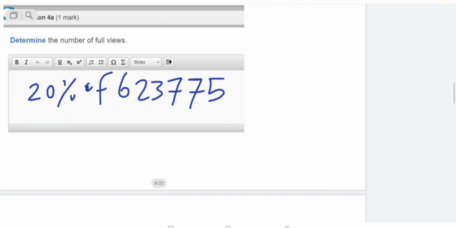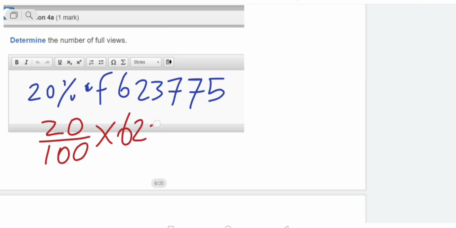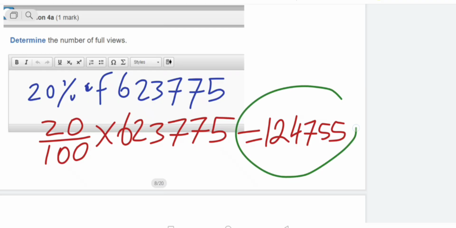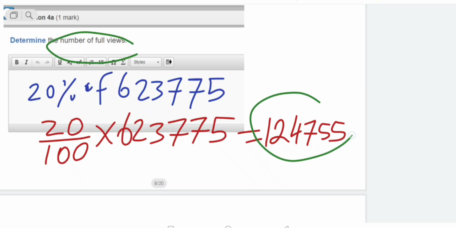So of means multiply. 20% means 20 over 100, multiplied by this one. So when you substitute in the calculator, we'll get the answer, which is equal to 124,755. Okay, clear? This is the 20%. So these are the total full views, the number of full views.